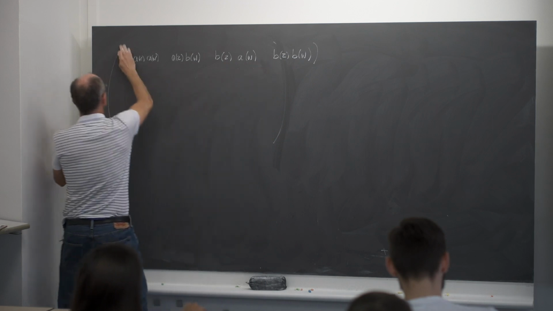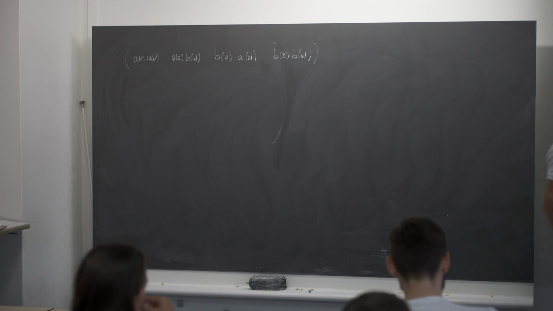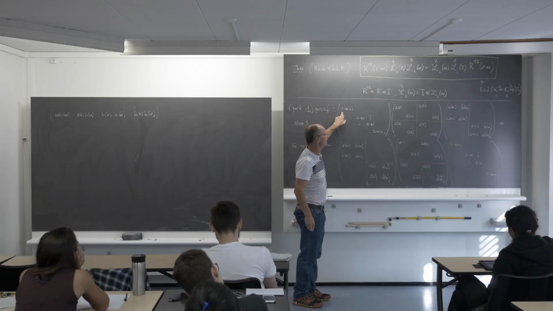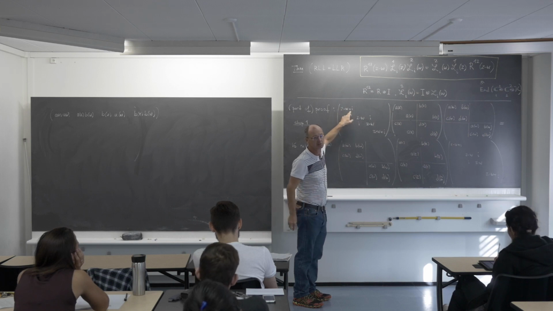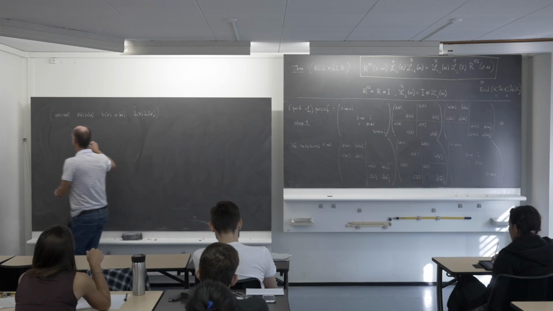Right, so this is the top row. And then you see, fortunately here this matrix is so easy, it will be simply all multiplied by Z minus W plus I, right?